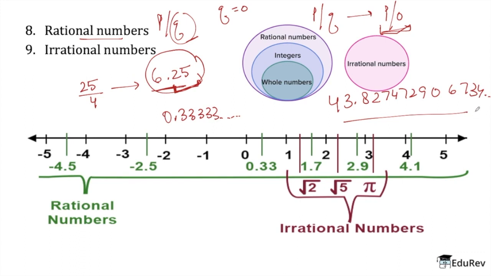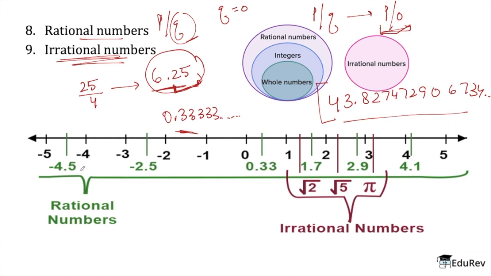Non-terminating means this number is not ending, and the digits in this number are not repeating like they were repeating in 0.333, right? So all the numbers in which the digits do not repeat and which are non-terminating form the category of what? Irrational numbers.